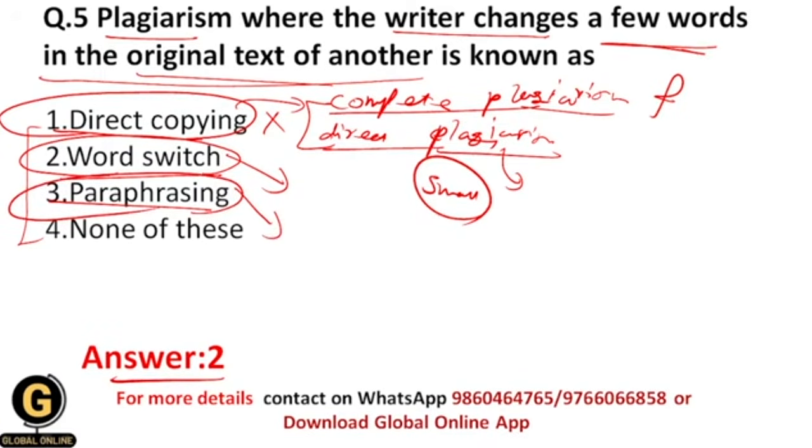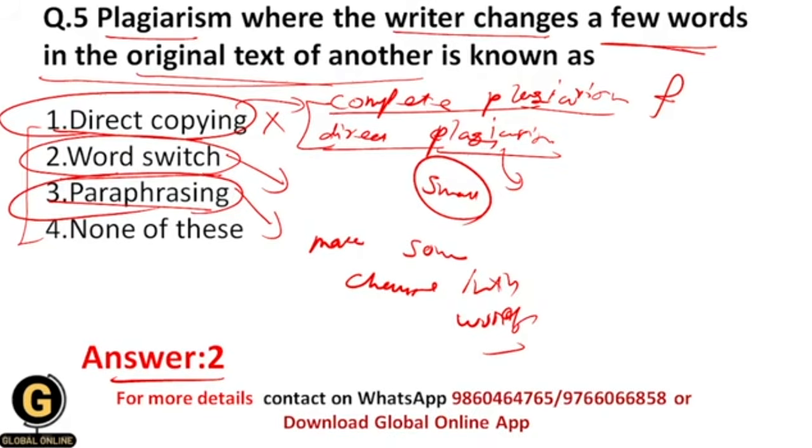So again, paraphrasing is a type of plagiarism, and in this kind of plagiarism, what the writer does is make some changes in the words, and after that he copies that original text, pastes it in his research paper and says that it's my own work.